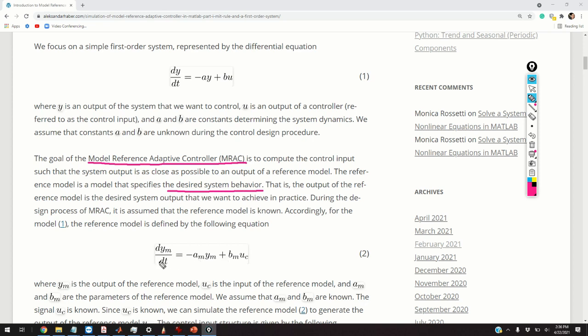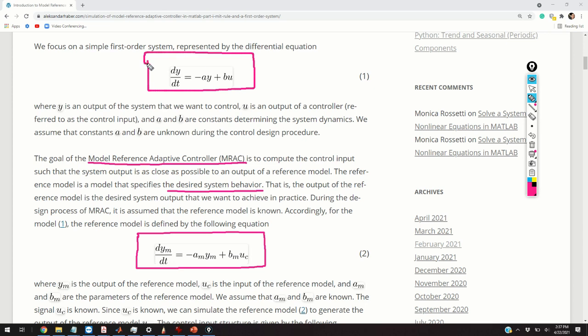That is, the output of the reference model is the desired system output that we want to achieve in practice. And this is a general form of a reference or desired system model.